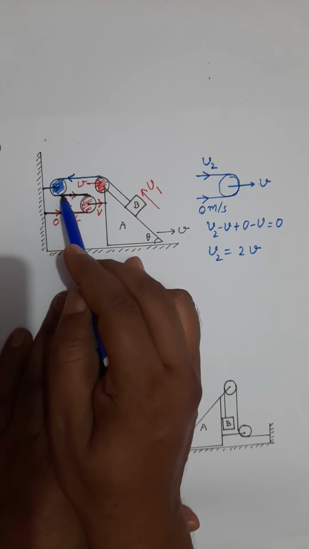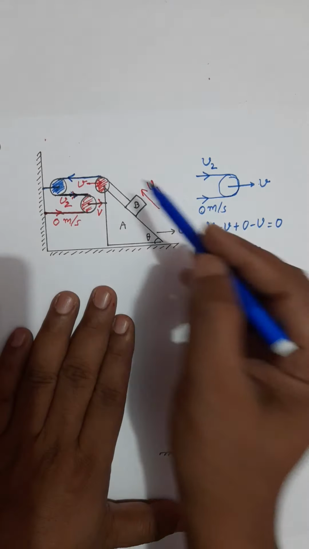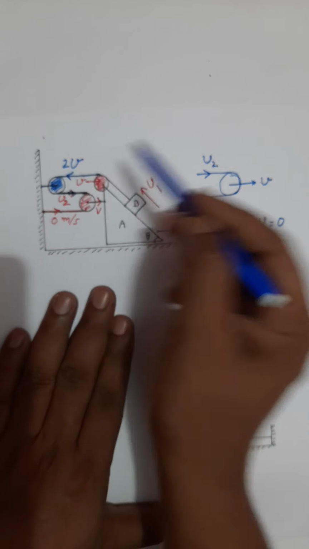So if one side goes forward with 2V speed, the other side must go towards the left with the same speed 2V.